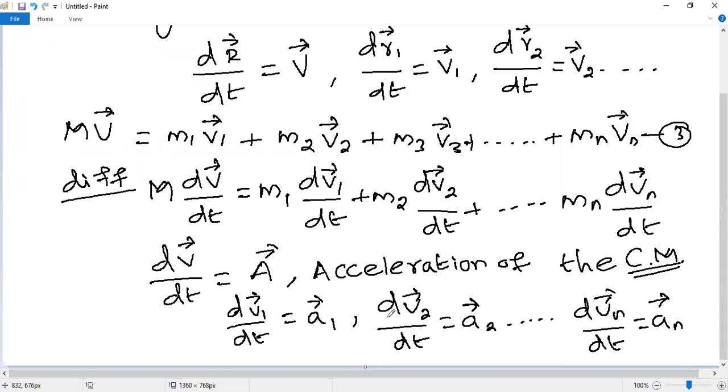All these values I am applying in this formula, then you will get one more relation. Kindly note it up to that.